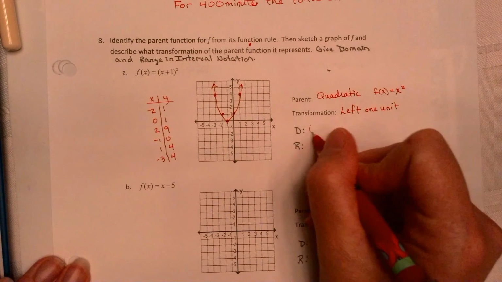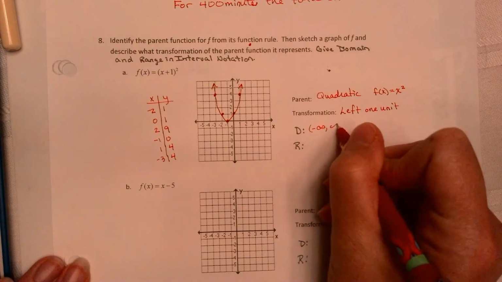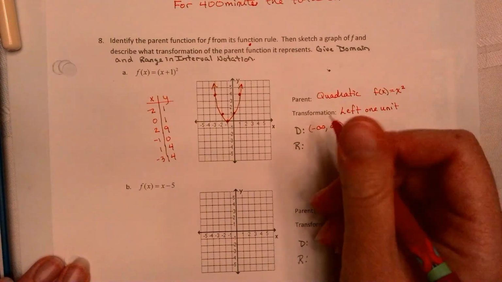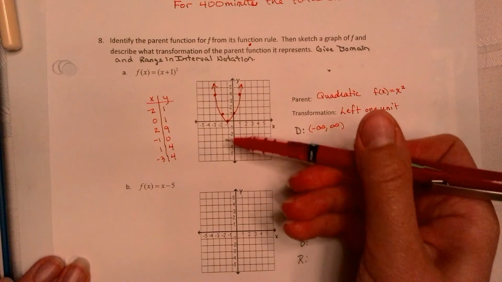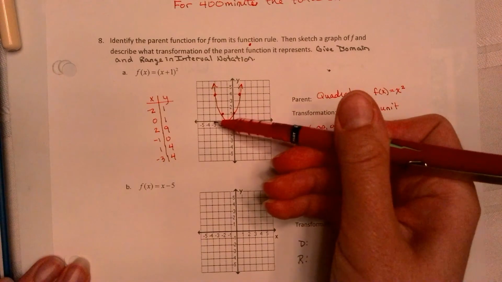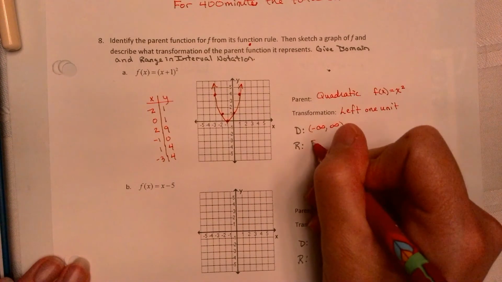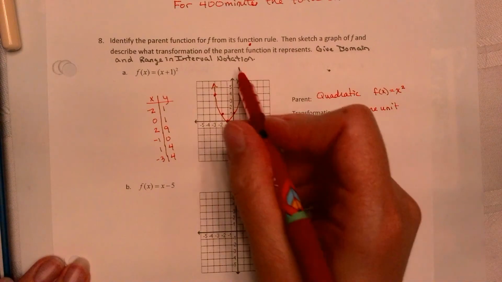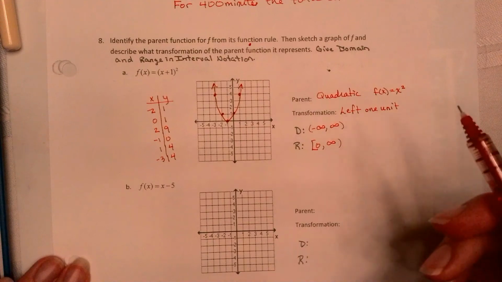So the domain is -infinity to +infinity. And the range is the y value. If we take our pen and scan, the lowest value we hit is y equals 0, and it is included, and then it goes to +infinity because this quadratic will keep going up, that parabola shape.